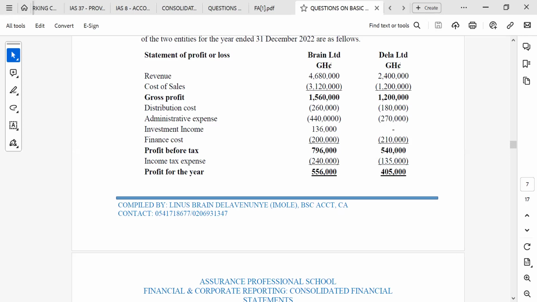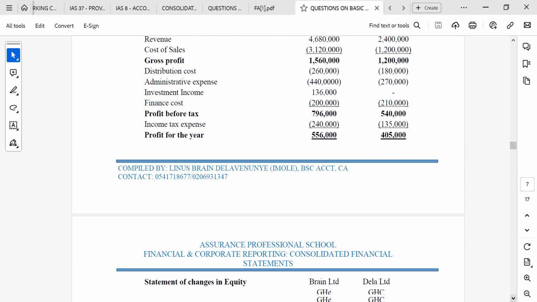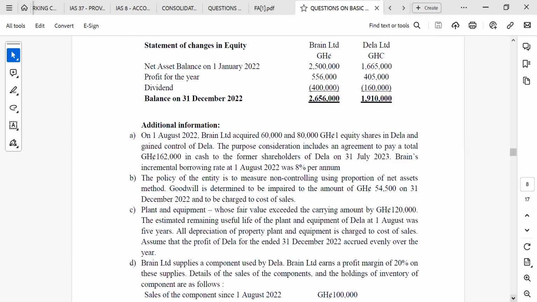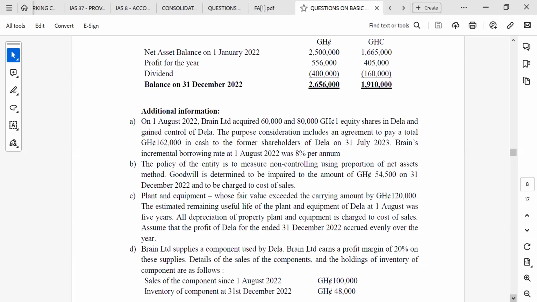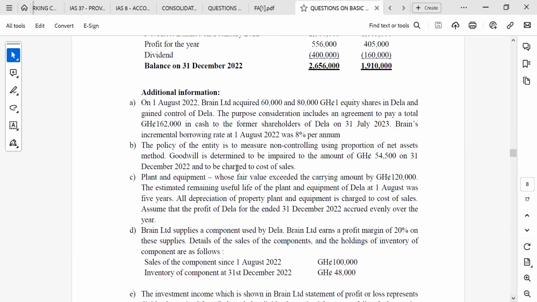What I'm saying, let me see whether the question that we have over here is giving the impairment in percentage or not. So let me say the policy of the entity is to measure non-controlling interest using proportionate of net assets. Okay, the goodwill is determined to be impaired to the amount of 5,054,500 on 31 December and to be charged to cost of sales.